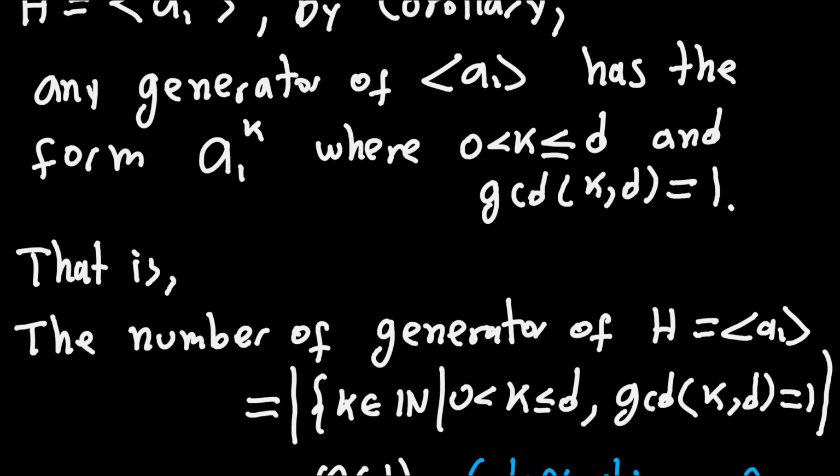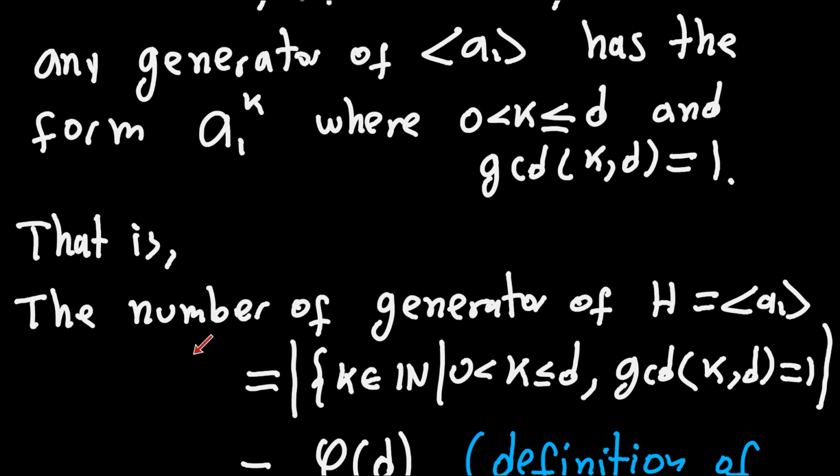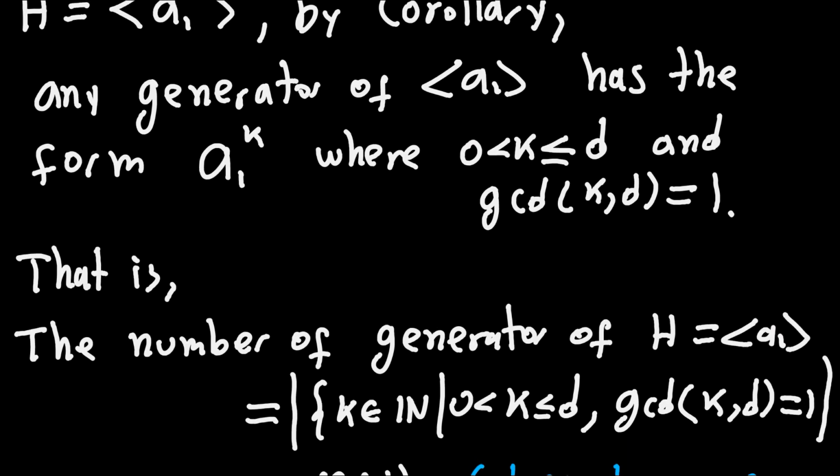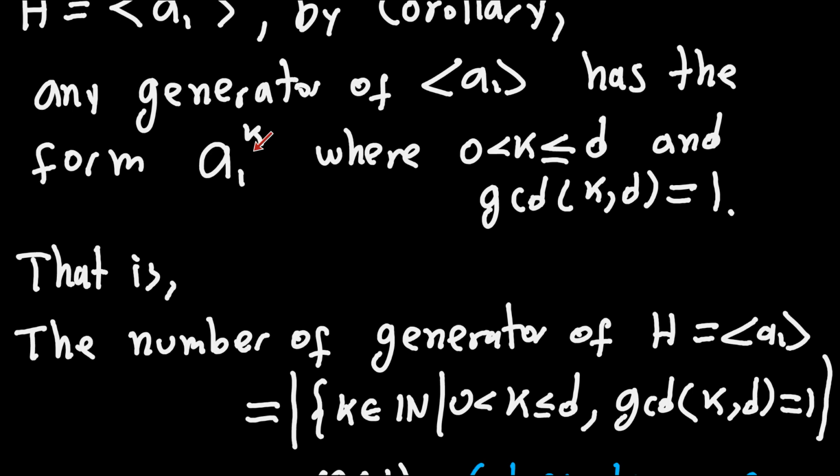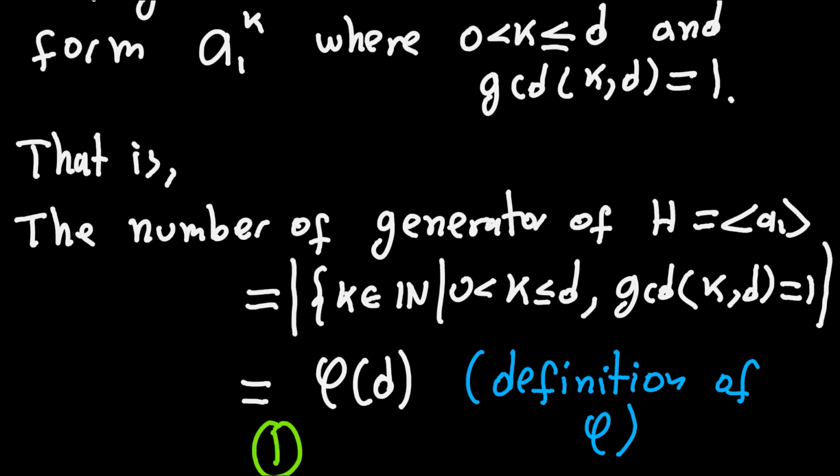So what does that mean? It means that the number of generators of H, because these are all of them, corresponds to the number of ways in which I can choose my k here, because each one of these choices of k will give me a generator for H. So I can write it down like this. What is the number of generators of this one? It is the number of exponents k between 0 and D such that the GCD between k and D is equal to 1.